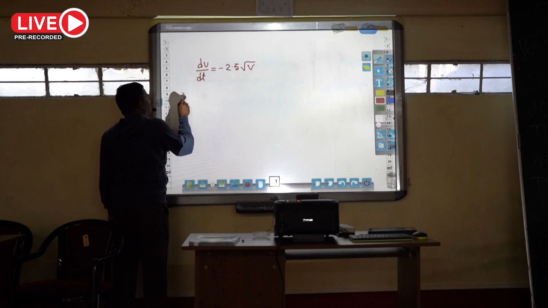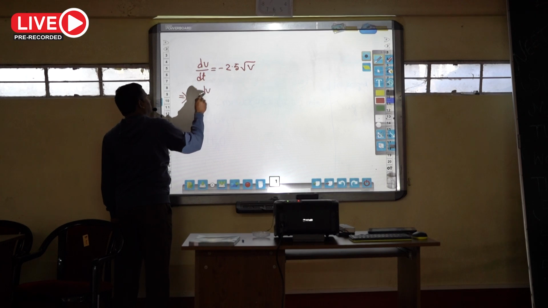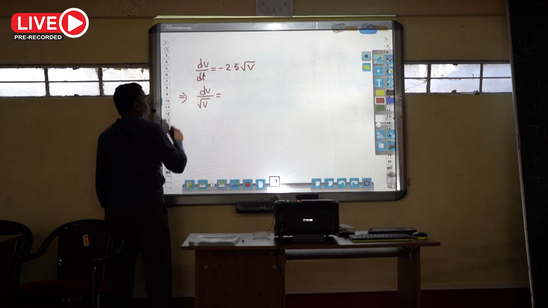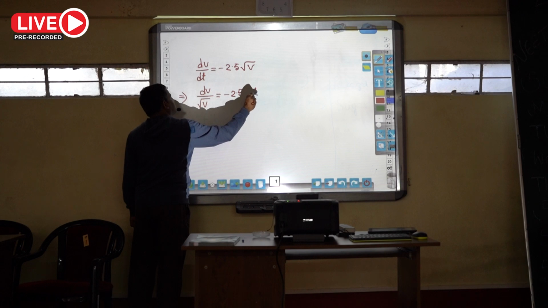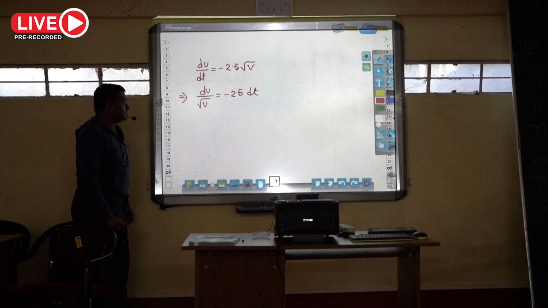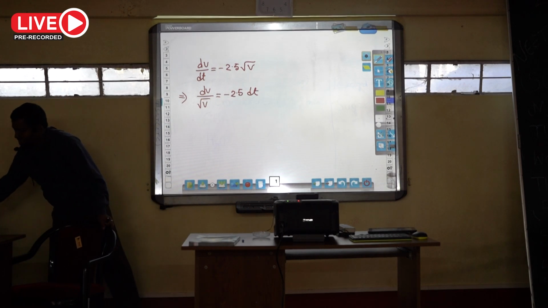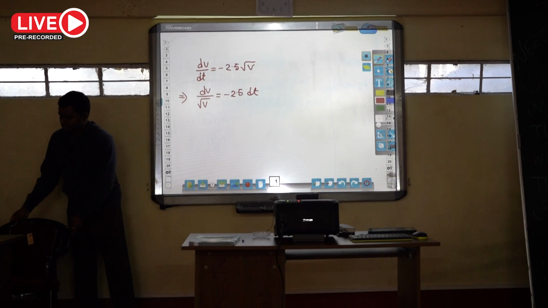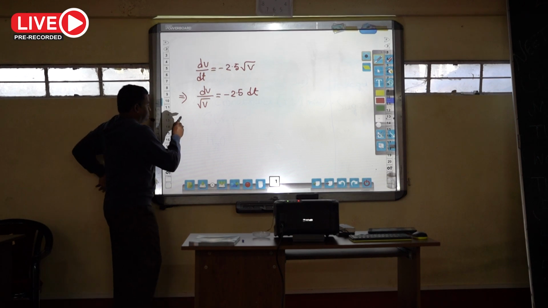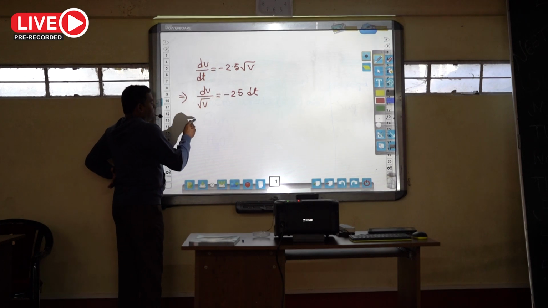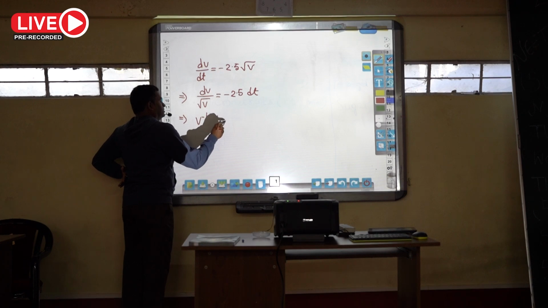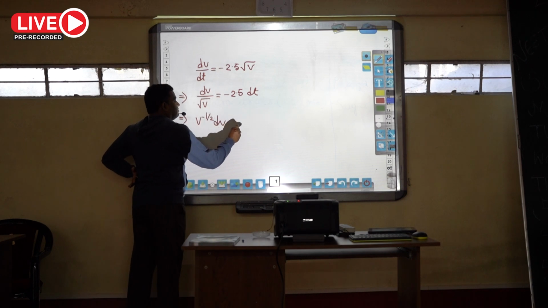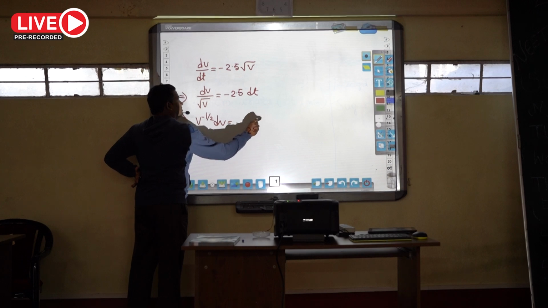From this you can write dv by root v equal to minus 2.5 dt. Now this can be written as v to the power minus half dv equal to minus 2.5 dt.